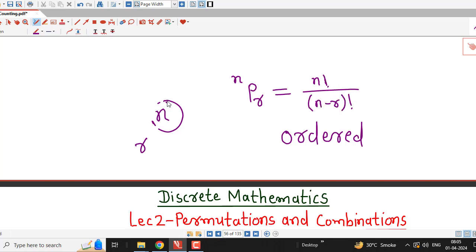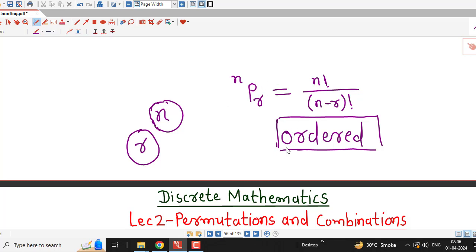So whenever we are solving problems related to permutation, or any problem related to arrangement, we have to check whether order is important in that arrangement or not. Whenever we have ordered arrangement, we will use permutation to count the number of ordered arrangements.